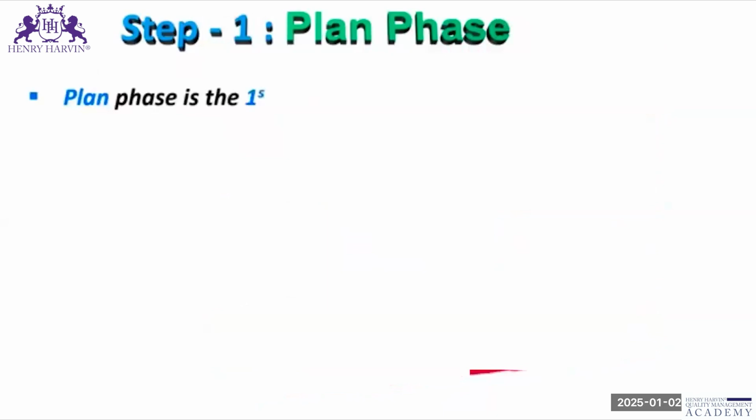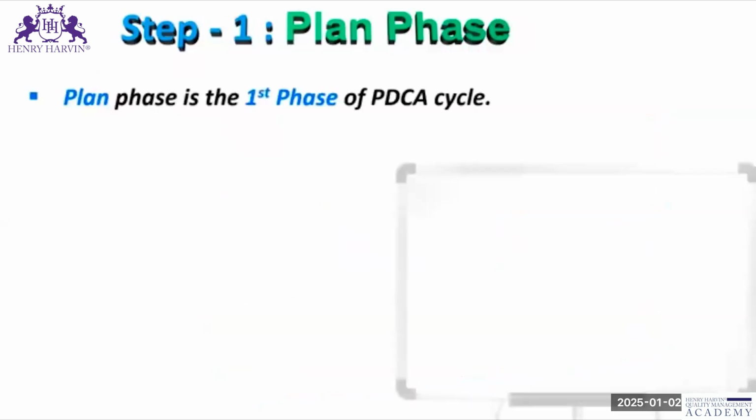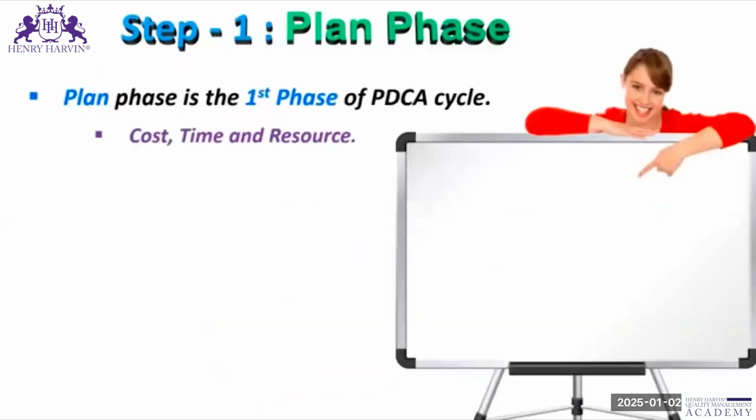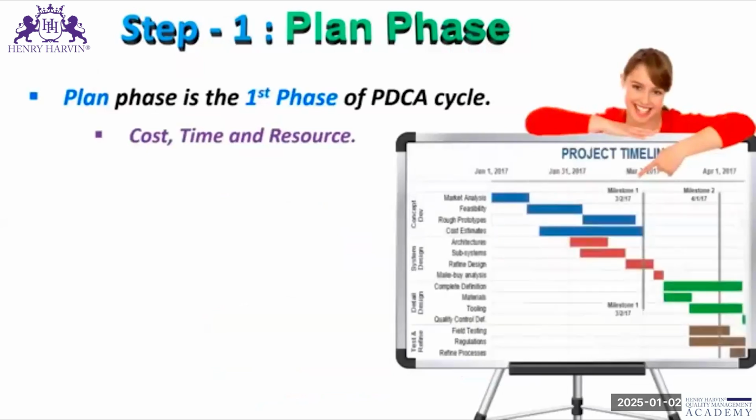Planning is the first phase of the PDCA cycle. The logical order begins with planning, which focuses on the strategic part. You develop a project plan, which includes cost estimation, time estimation, and resource estimation. This phase involves assessing the current process or a new process and figuring out how it can be improved.